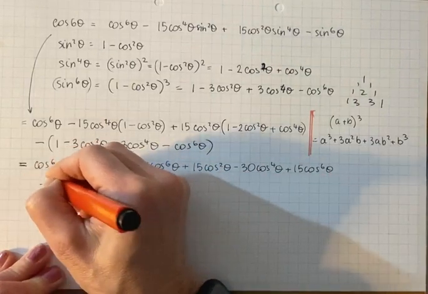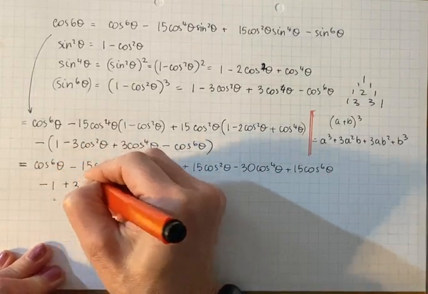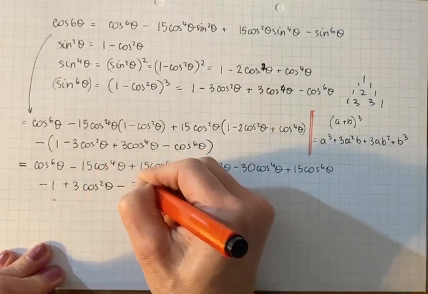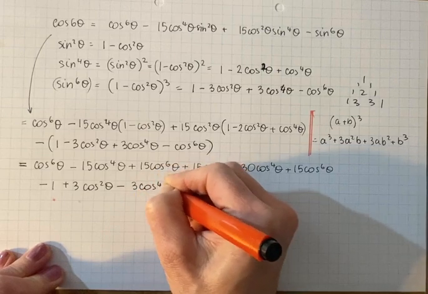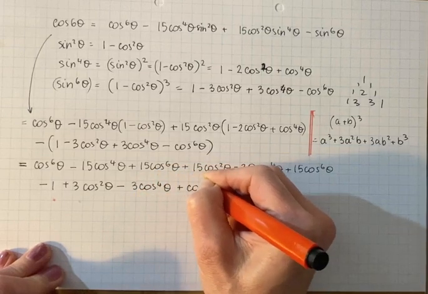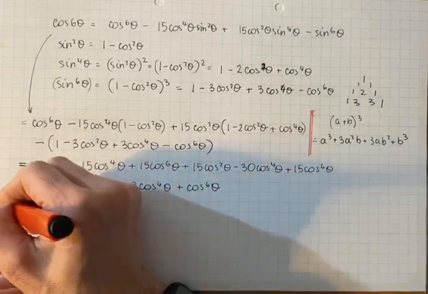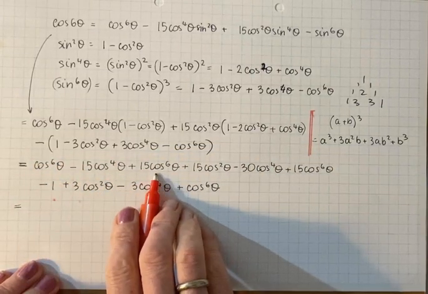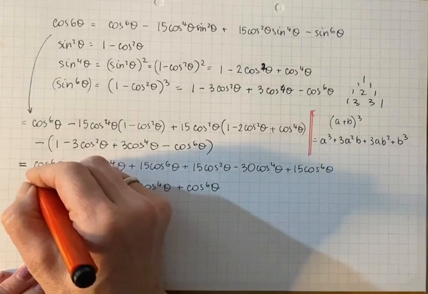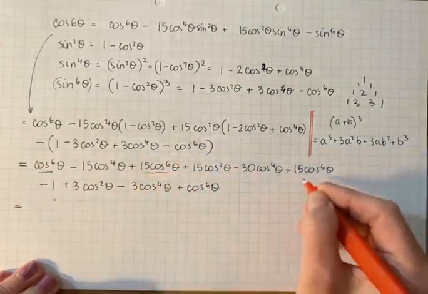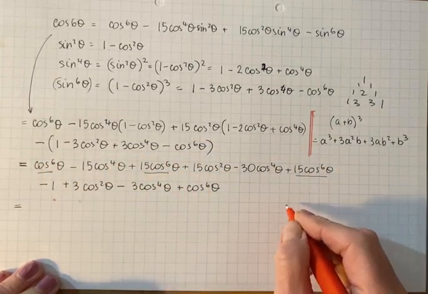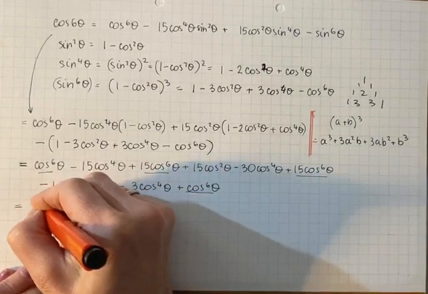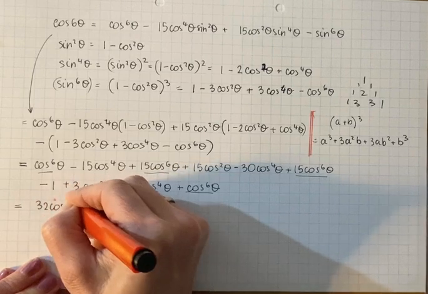Minus 1 plus 3 cos squared theta minus 3 cos to the power 4 theta plus cos to the power 6 theta. Let's add the cos to the power of 6 terms first: 1, 15, that's 16, 15, that's 31, and 1 more, 32 cos to the power of 6 theta.